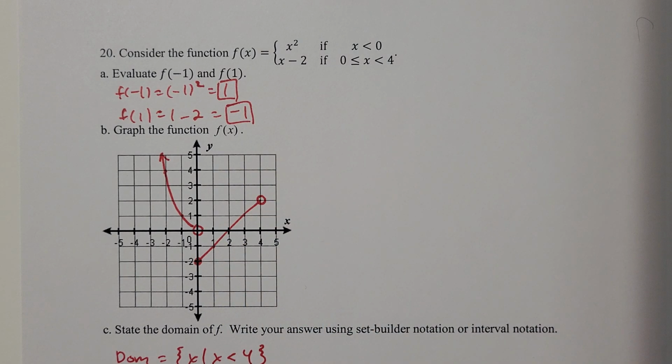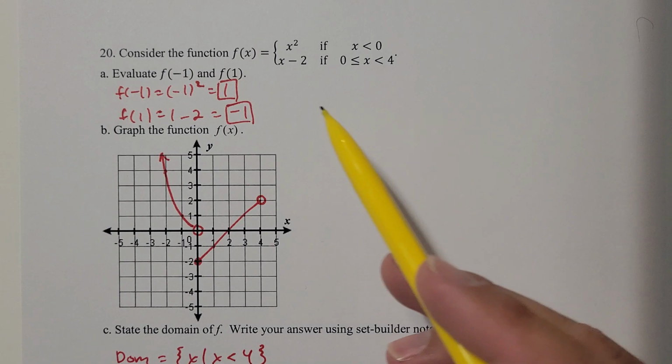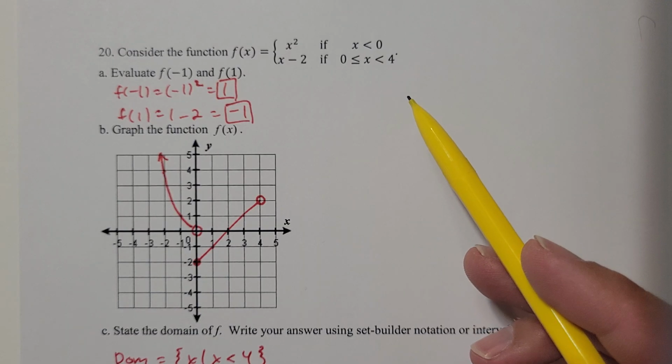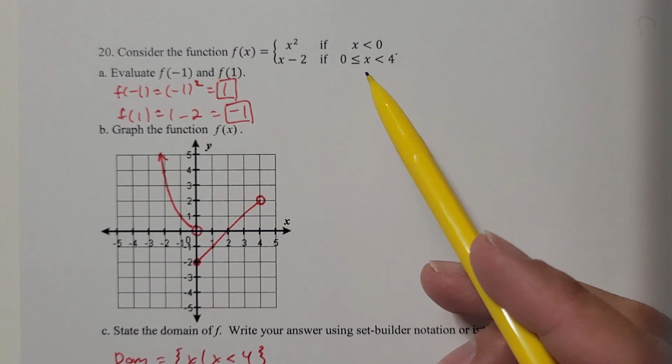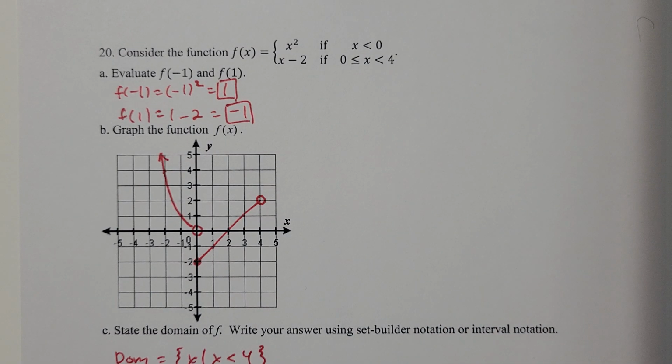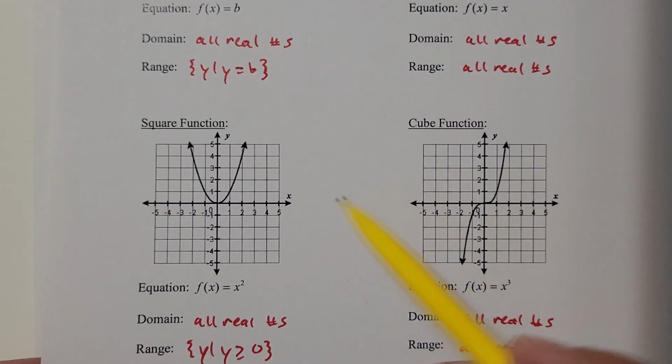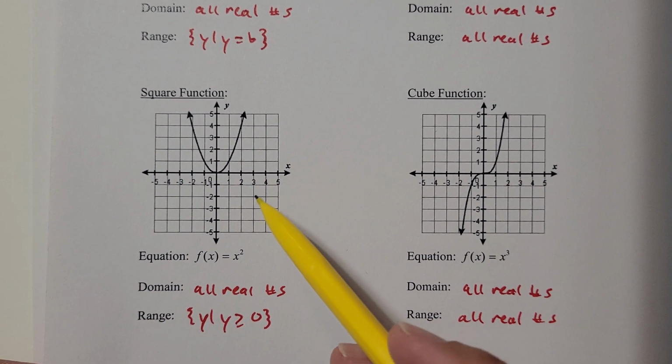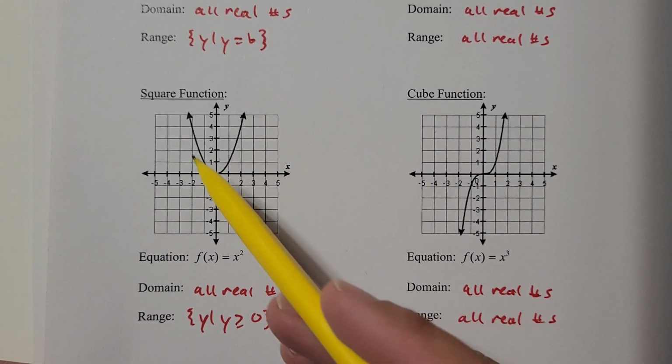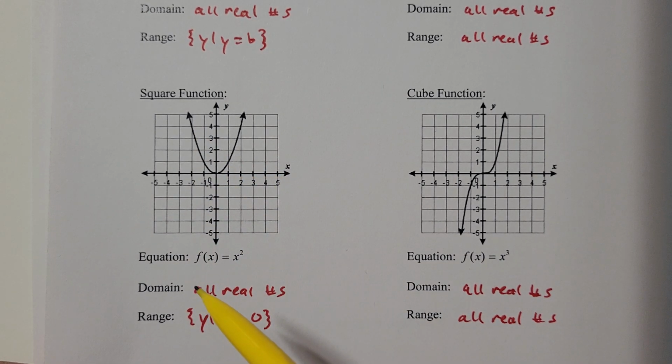In part B, we're supposed to graph f of x. Now, in piece 1, I have the basic function y equals x squared. You're going to do lots and lots of things with y equals x squared in the next chapter. Y equals x squared is the square function, and so I'd have the parabola here. Now, I don't want this whole parabola.